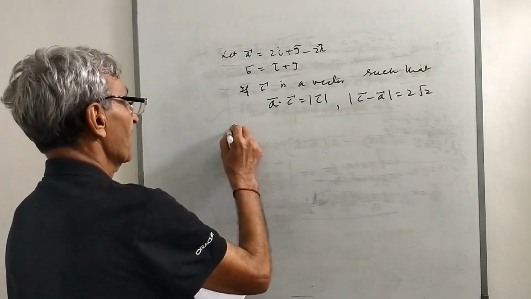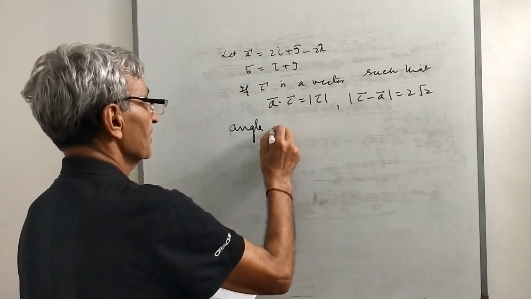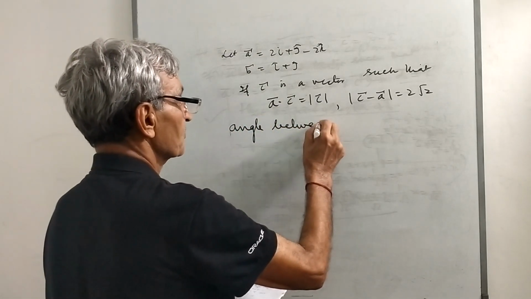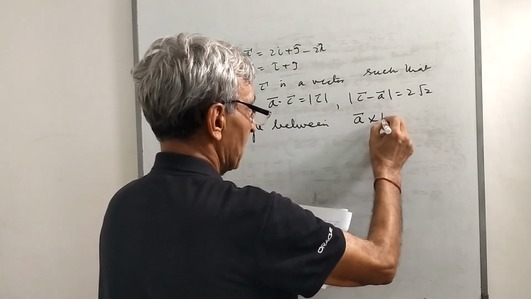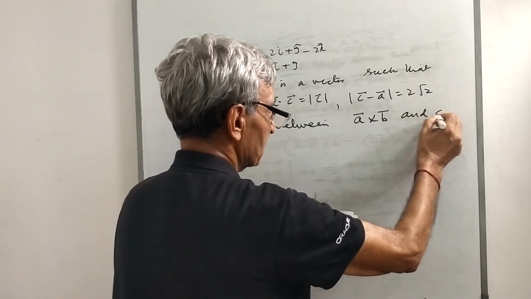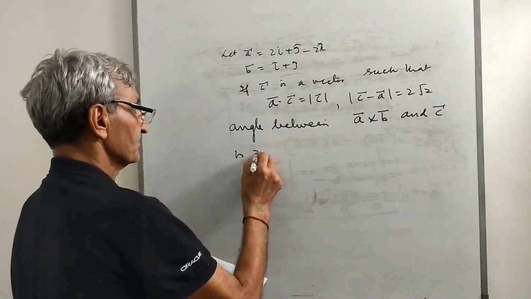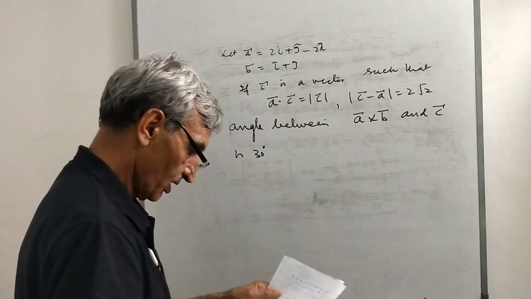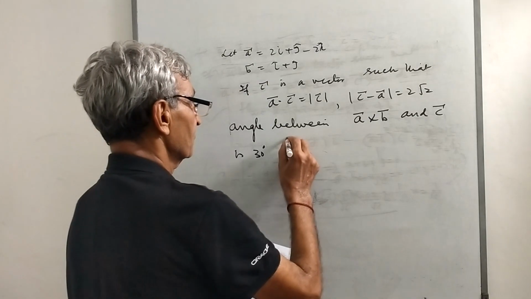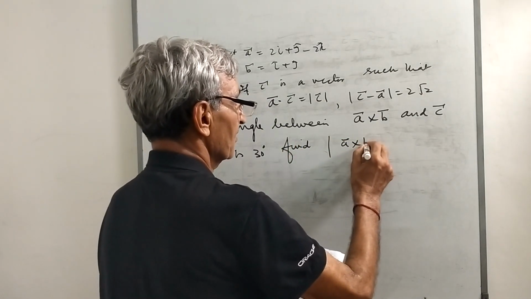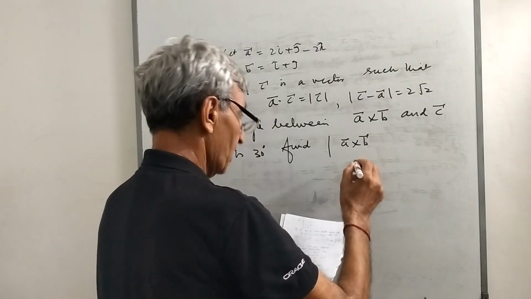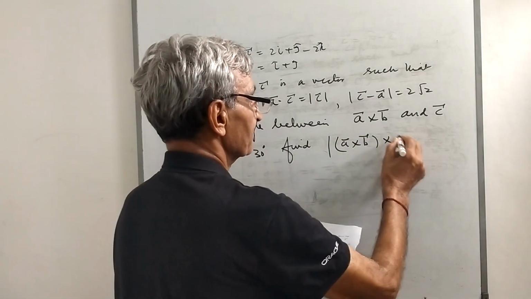The angle between A cross B and C is 30 degrees. Find the value of the magnitude of A cross B cross C.